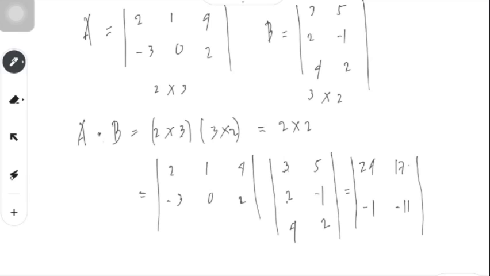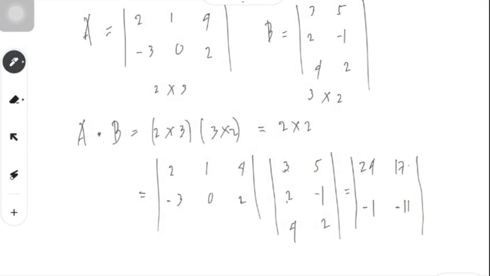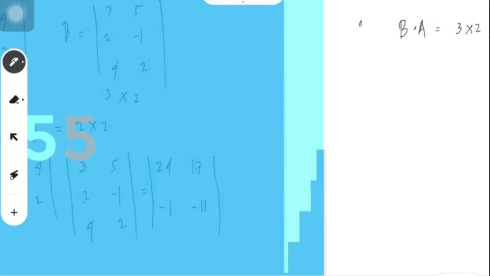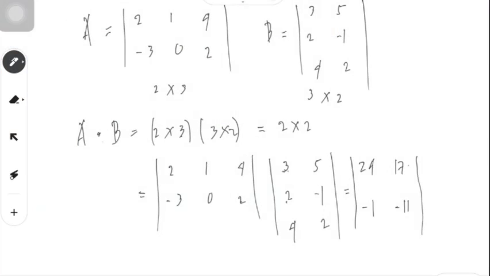What about if, let's say, we interchange? This time, it is not A times B, but rather B times A. Let's see. Will they be the same? Let's check first if they're conformable. B is 3 by 2, while A is 2 by 3.